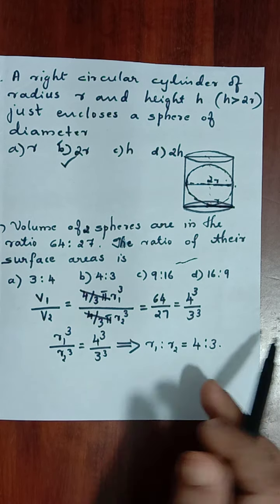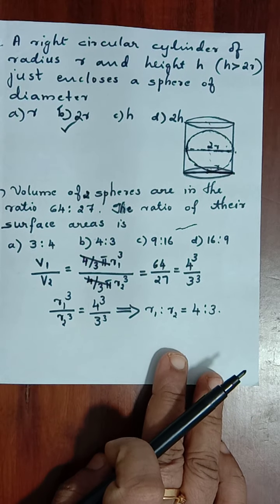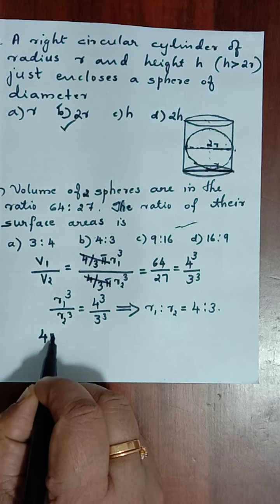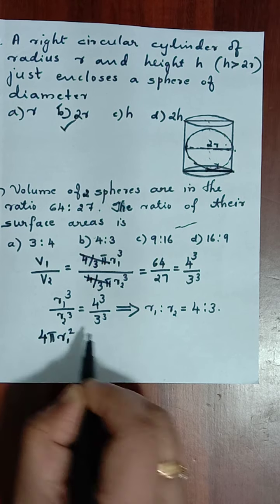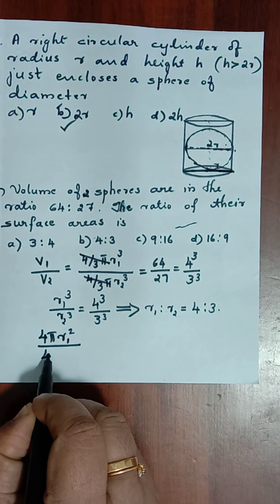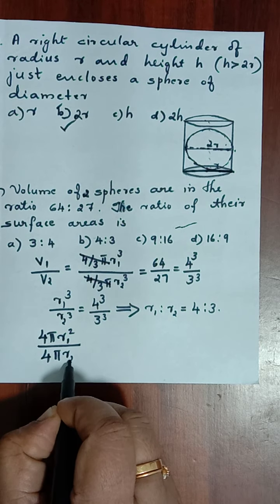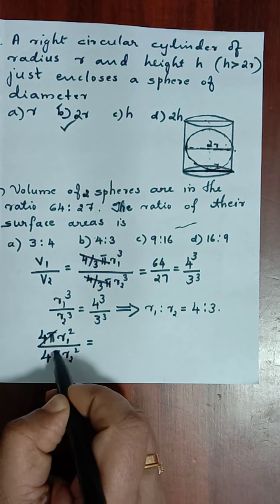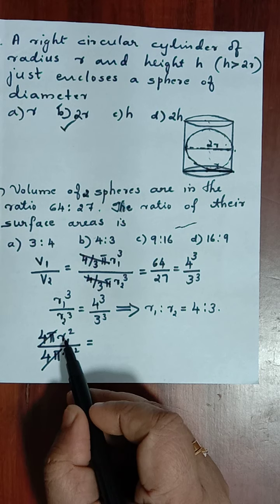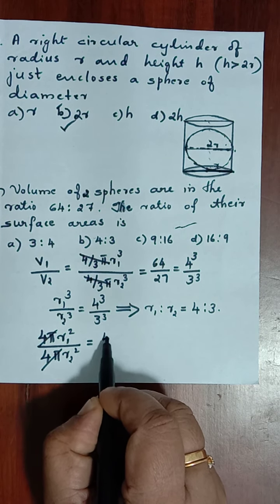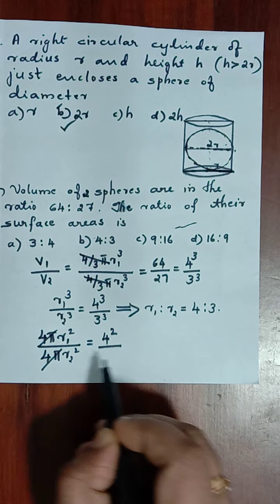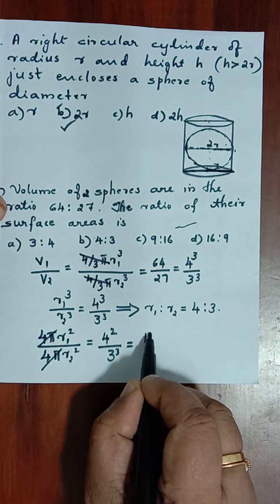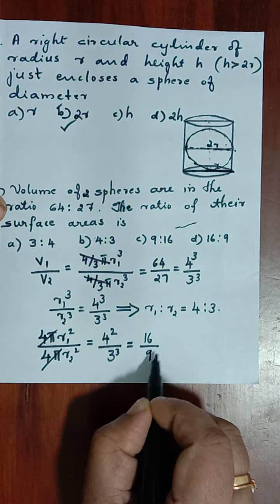Ratio of their surface areas. What is the formula for surface area of a sphere? It is 4 pi r square. So 4 pi r1 square by 4 pi r2 square. 4 pi can be cancelled. For r1 we have 4, so 4 square, and for r2 it is 3 square. 4 fours are 16, 3 threes are 9.